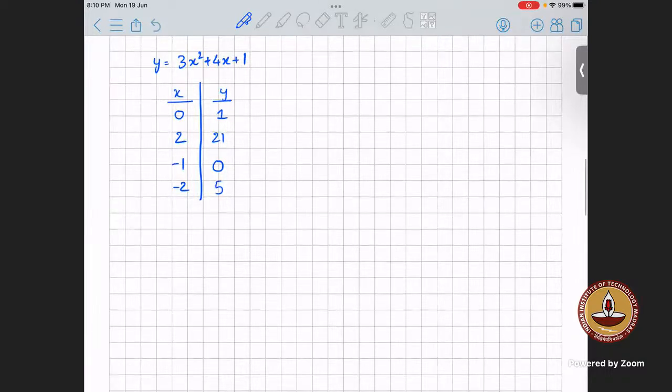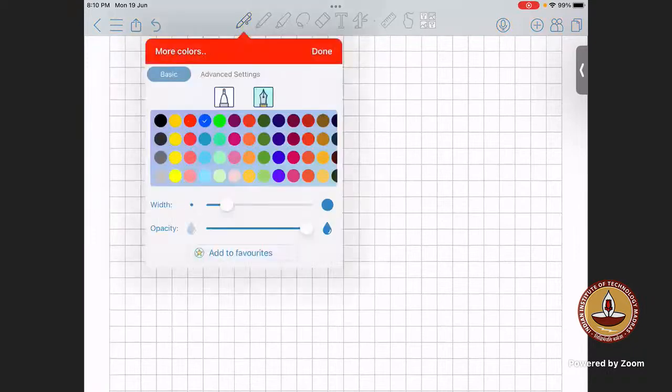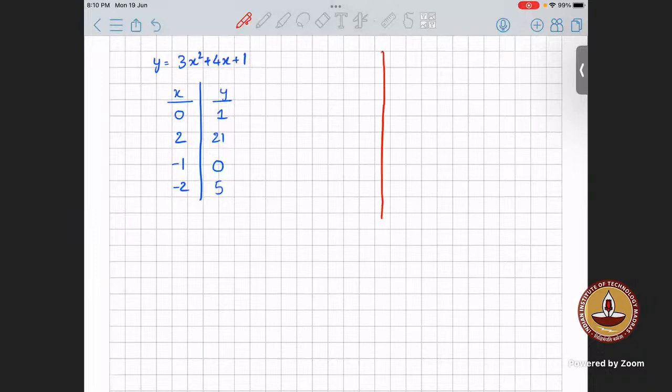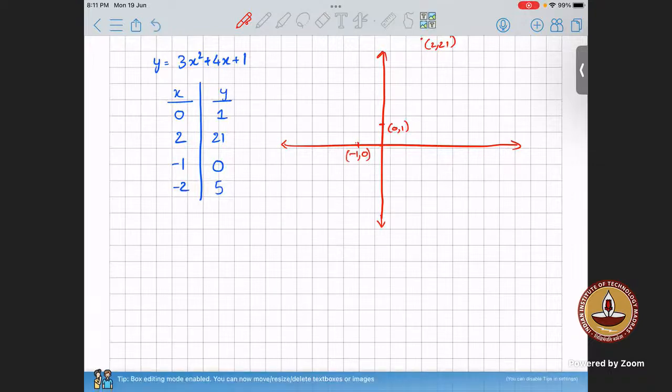Look, if you draw a graph using these points, 0, 1 here, and then 2, 21 somewhere here, and minus 1, 0 somewhere like this, and minus 2, 5 somewhere like this.